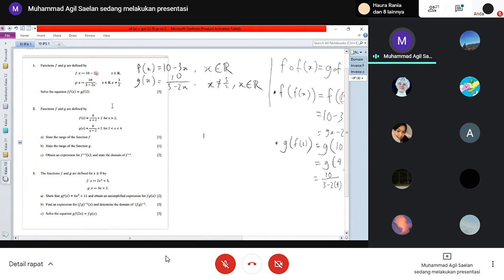The domain of the first function is x greater than 2, while the second function's domain is x between 2 and 4. Now we want to state the range of the functions f and g and obtain the expression.